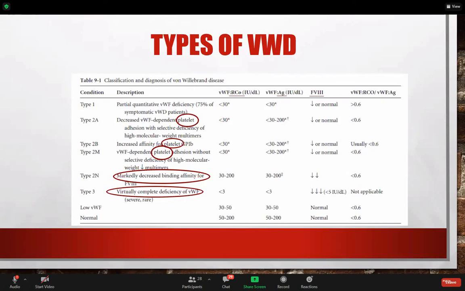Types, type 1, type 2, type 3. Type 1 is basically a kind of qualitative, okay? But also some are quantitative. Honestly, this is too much for you guys.